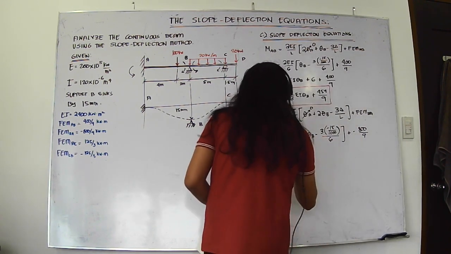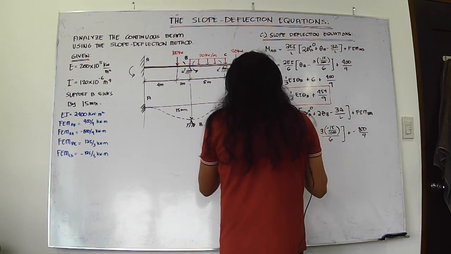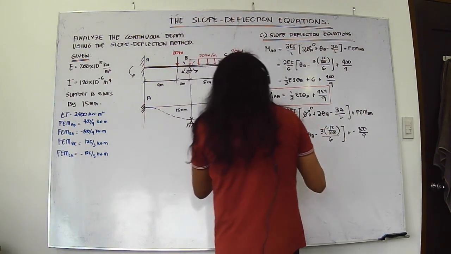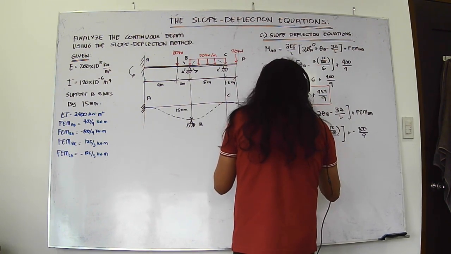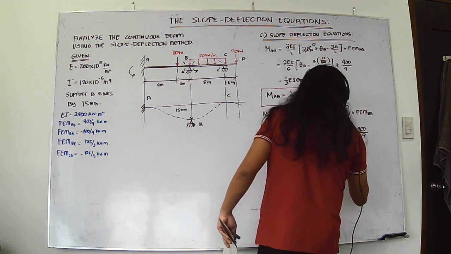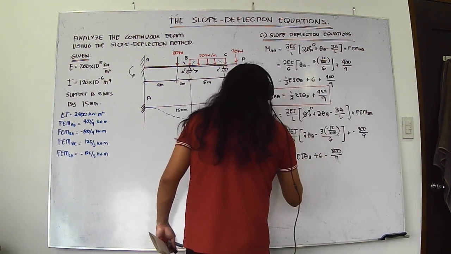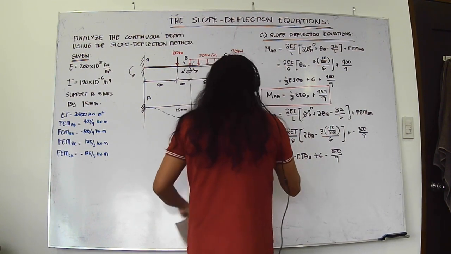Further simplification will yield the same as what we got, plus 800 over 9. MBA. This is our expression.